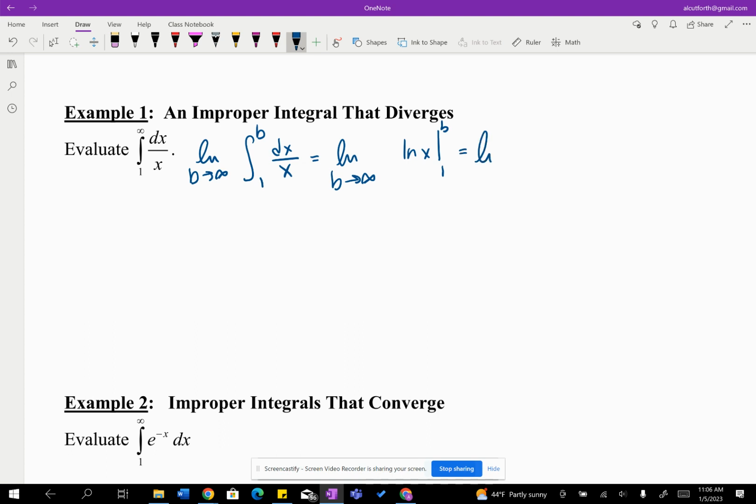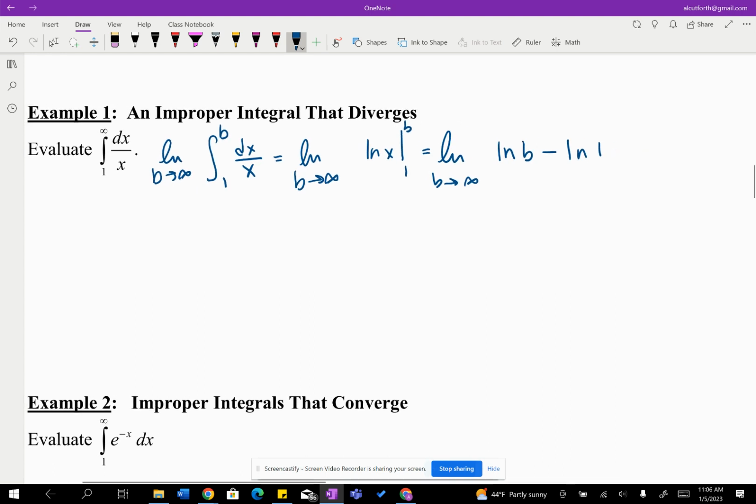And then just don't forget, we're going to write down our limit out in front. We're going to plug in b, subtract, plug in 1. What's ln of 1? 0. Yeah, 0.